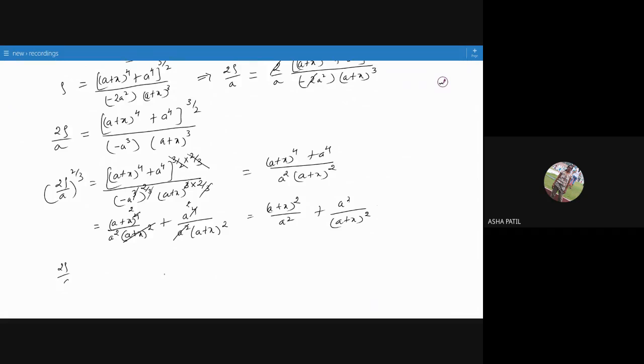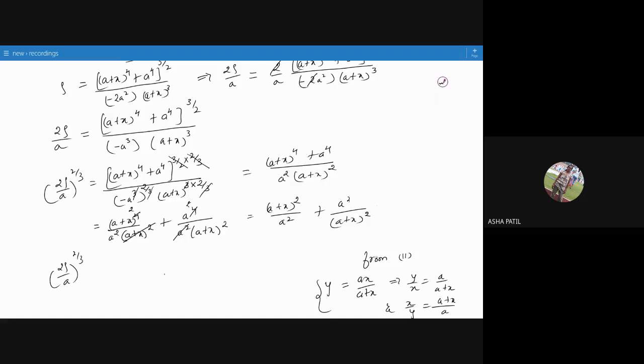But from equation 1, what we have is y is equal to ax divided by a plus x, or this implies y by x is equal to a divided by a plus x, and x by y is equal to the reciprocal, a plus x by a.